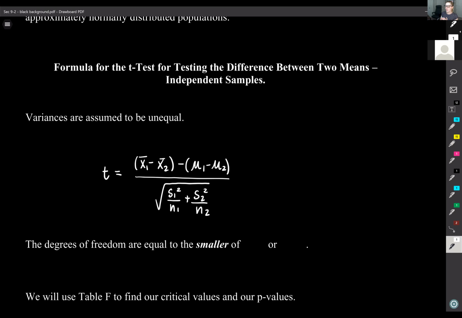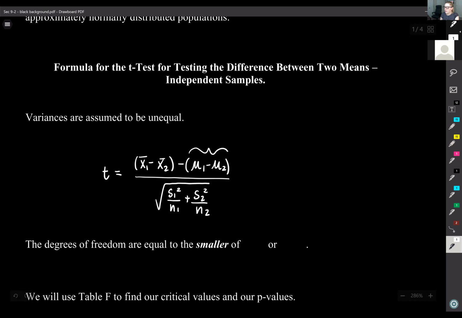In all of the examples that we're doing, this quantity ends up being 0. I think it'll make more sense once I write out the null and alternative hypotheses, but just know that if our hypotheses say there's no difference between the population means, then that's going to be 0. Then down here we have s1 squared, the sample standard deviation of the first sample squared, over n1, the sample size. And then you add that to the same thing for the second sample.